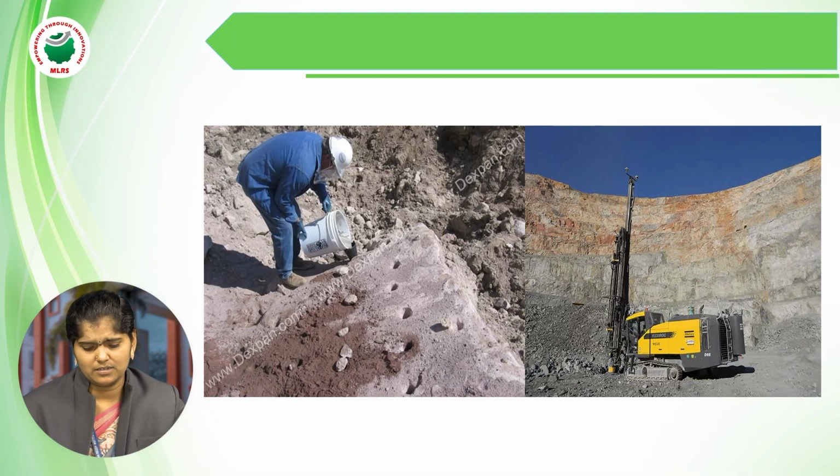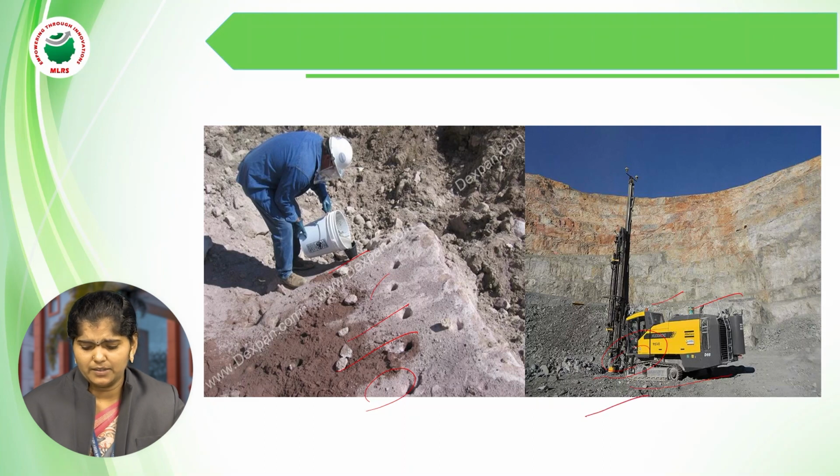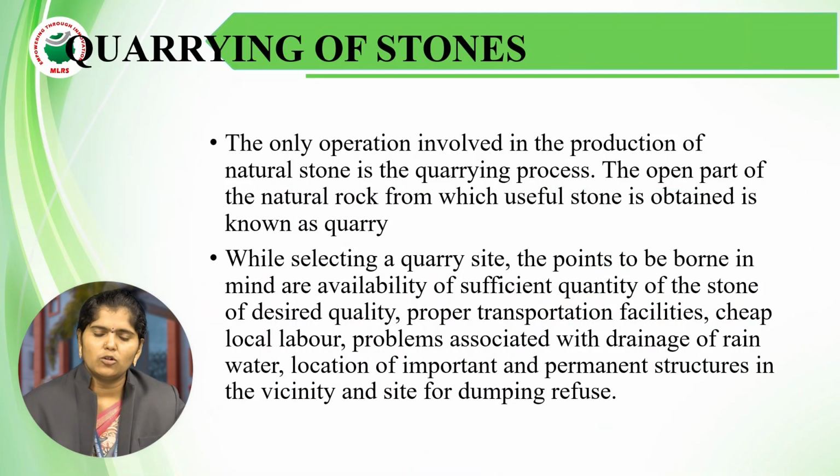See here, this is the hand tool method of excavating the stones, and this uses machines only. So these are examples of hand tool methods and machine methods. Okay, so the operation of production of natural stone is the quarrying process.